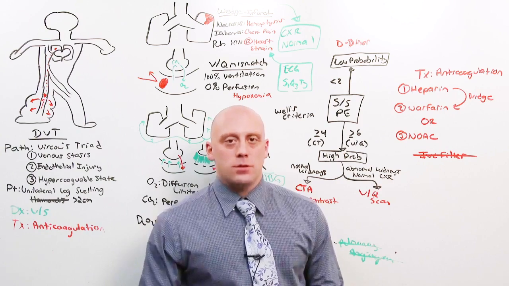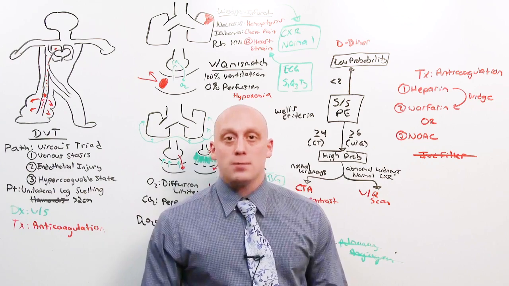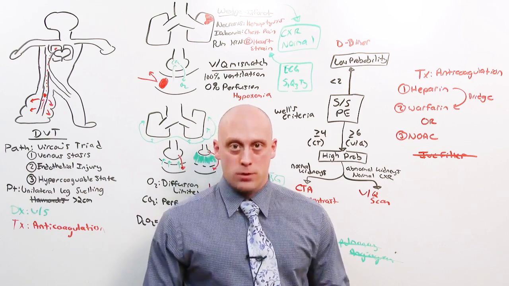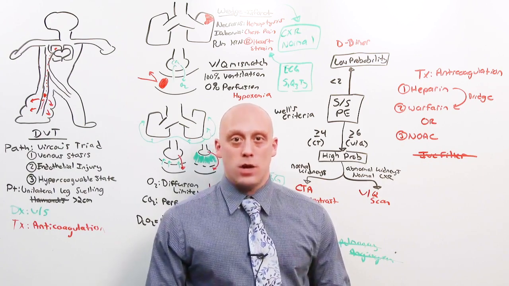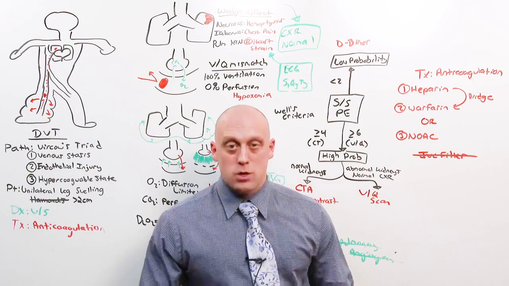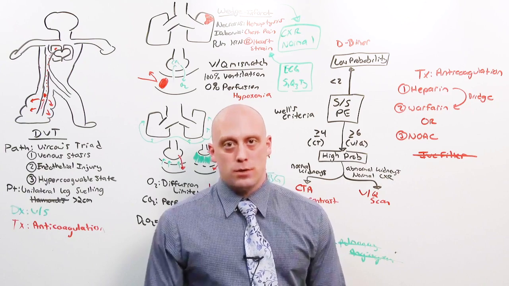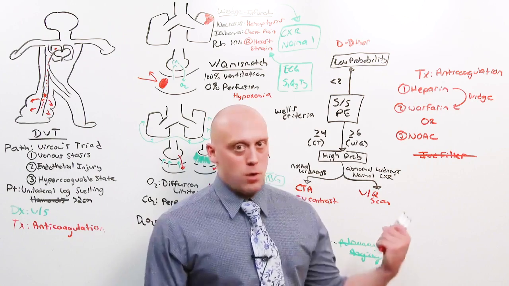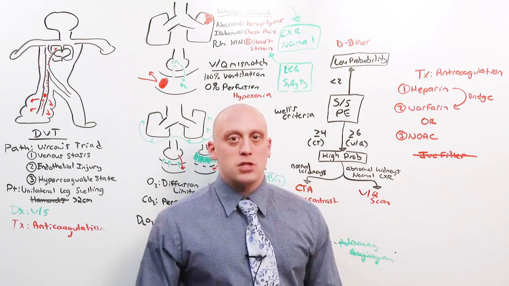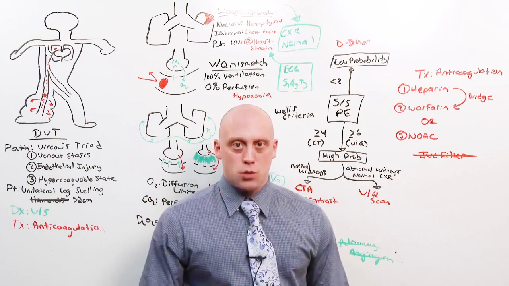An IVC filter is placed in the setting of a DVT where the next pulmonary embolism would kill that person, and there is a contraindication to anticoagulation, which means bleeding. So for your vignette, GI bleed and a DVT, put in the filter. But as soon as the bleeding risk is removed, the filter comes out and they go on anticoagulation. In general, IVC filter for venous thromboembolism is the wrong answer.